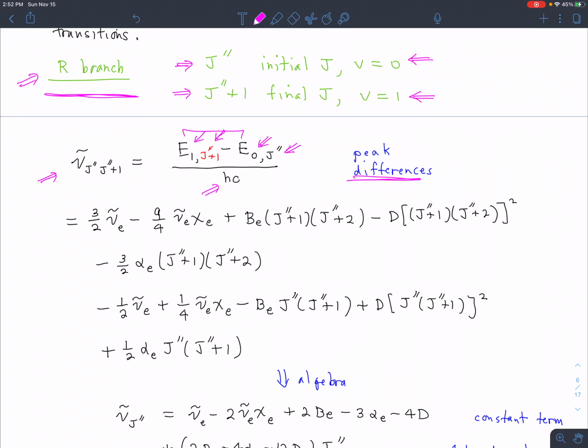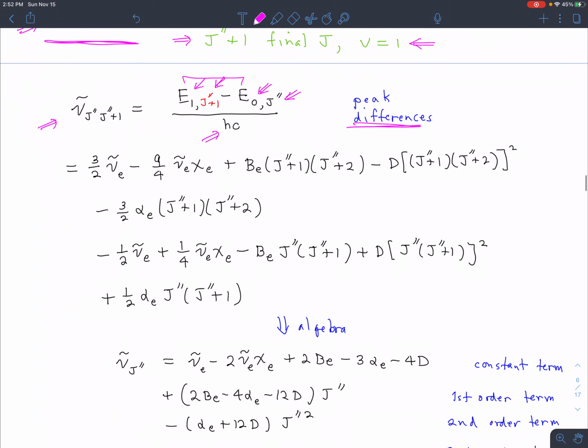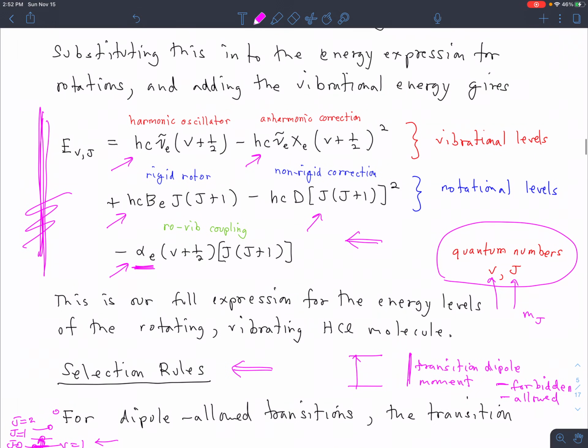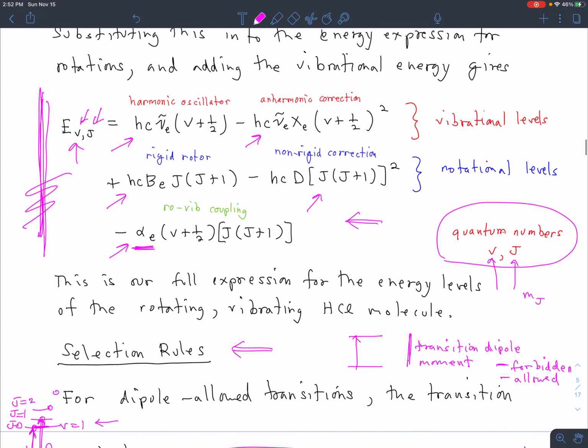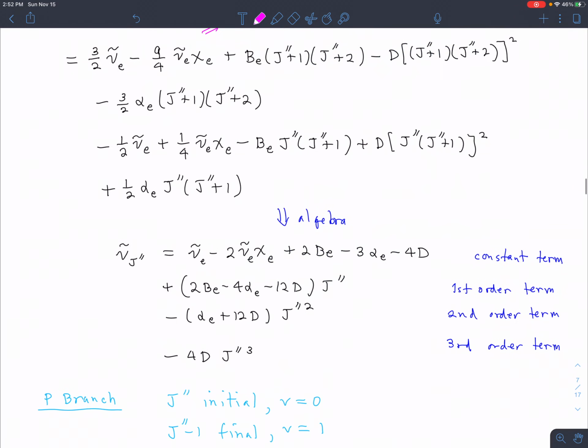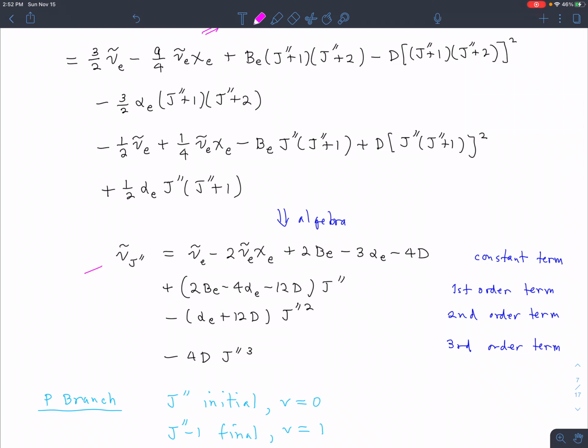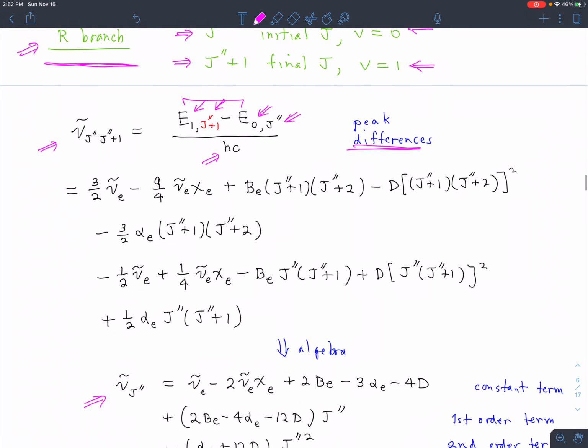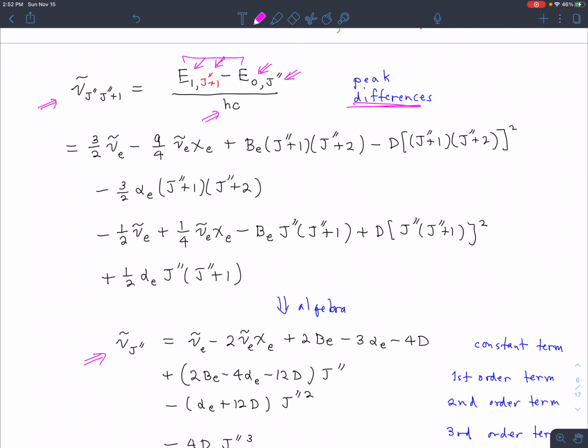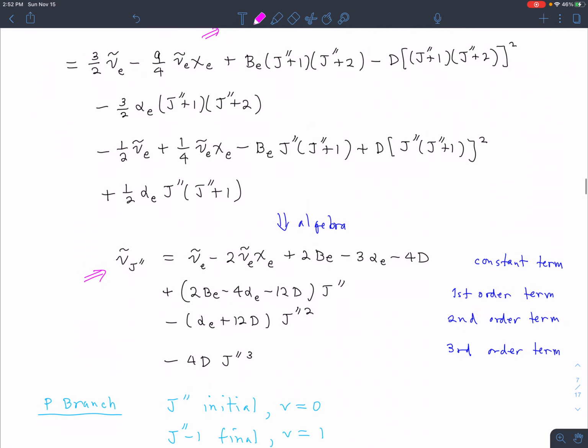So these correspond to peak differences. And now it's a bunch of algebra. We just plug in this expression for J double prime or J double prime plus 1, do a bunch of algebra, and we get the peak position, sorry, not the peak difference, the actual peak position, I take that back.